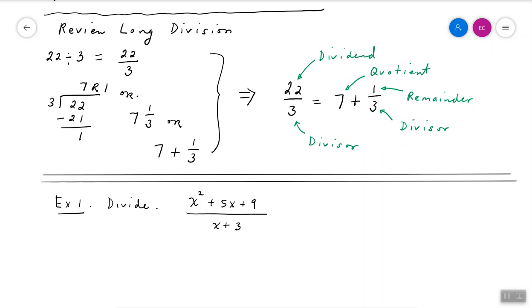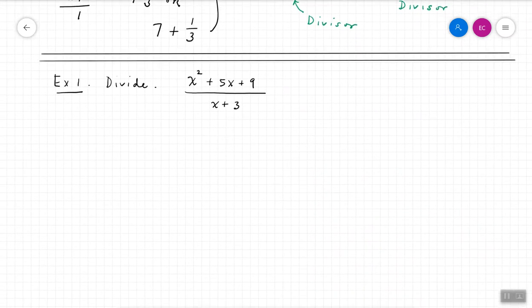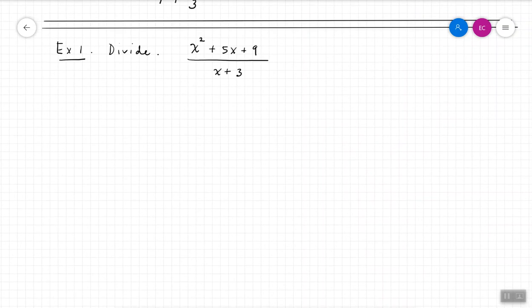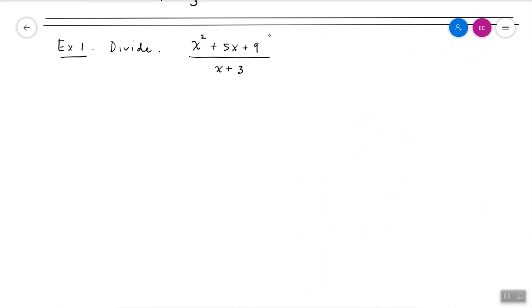So synthetic division looks a little bit different than long division, but it should also remind us of long division, and they have some similarities too. So let's go ahead and start this first example. Let's divide two polynomials, and let's just remember dividend and divisor.